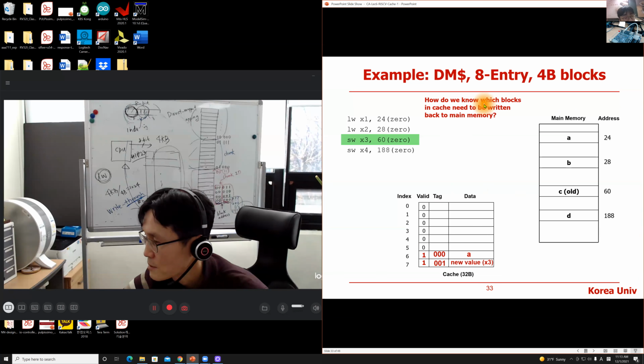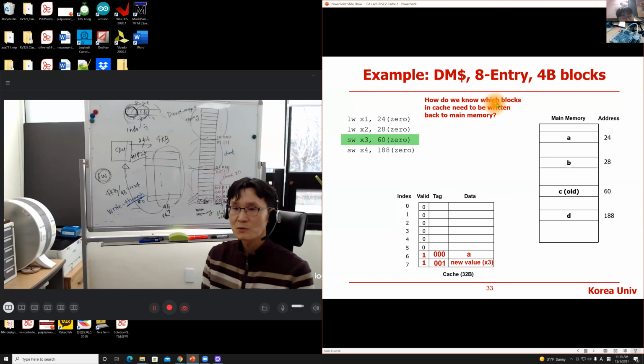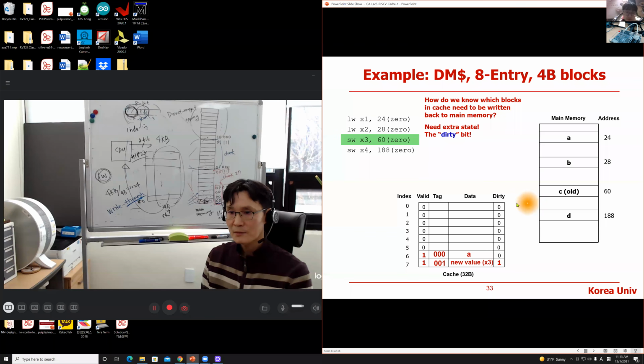So how do you know which block in cache should be written back to main memory later on? By looking at this, you cannot tell. So we need an additional bit. That is called the dirty bit. When you write to the cache, you have to set this bit to 1, dirty.